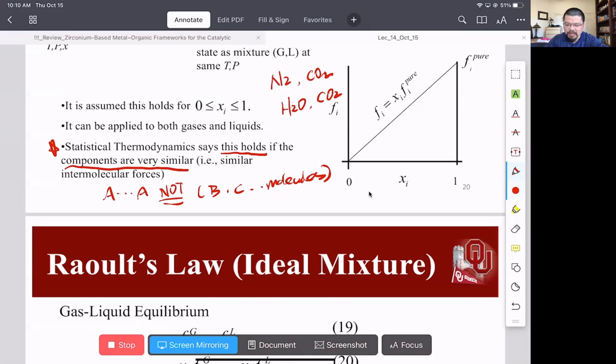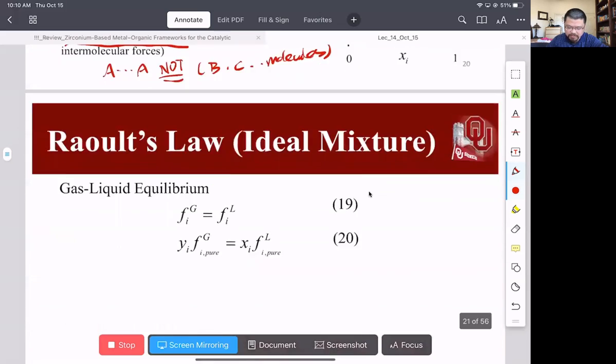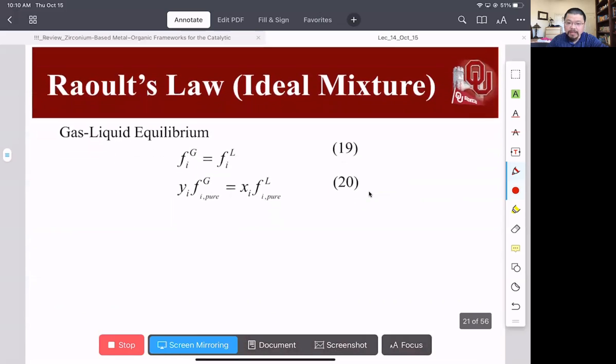So over there, I may have to check whether I can utilize the ideal mixture understanding. The very general understanding is that if the components are very similar, if their intermolecular interactions are very similar, then we can assume this ideal mixture behavior. Okay.